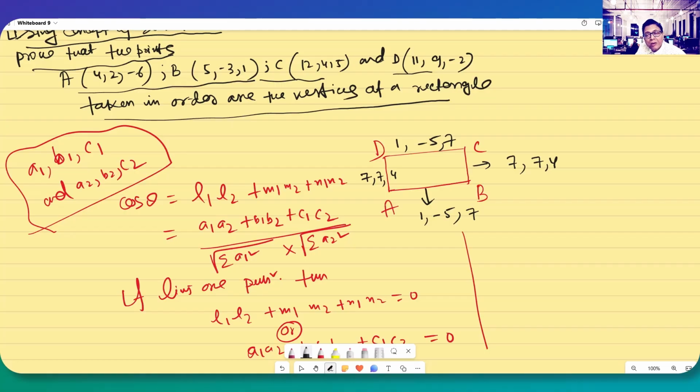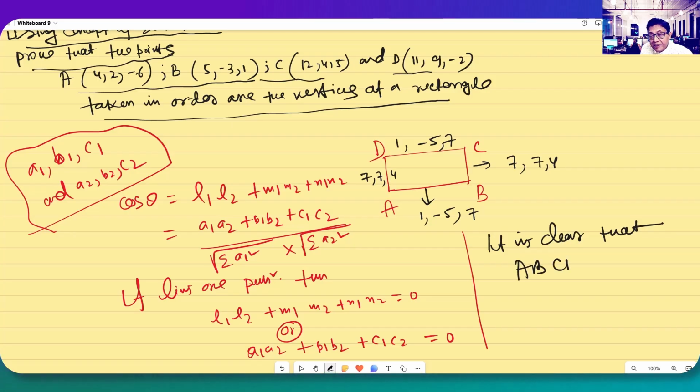Okay? So you can see that initially AB and DC have the same direction ratios. So AB is parallel to DC and BC is parallel to AD. Obviously it is clear that ABCD is a parallelogram because opposite sides are parallel.